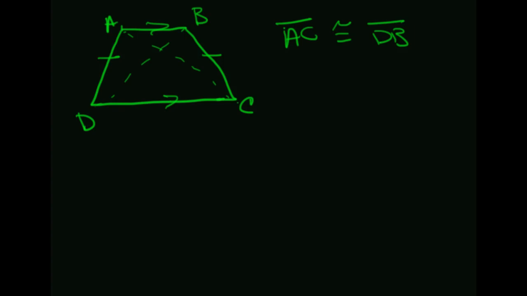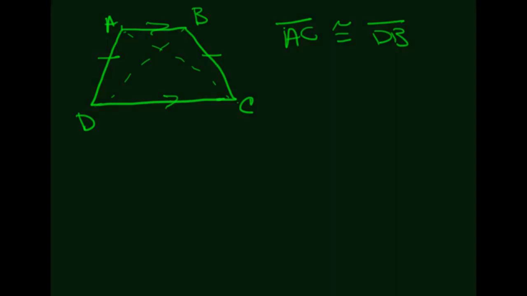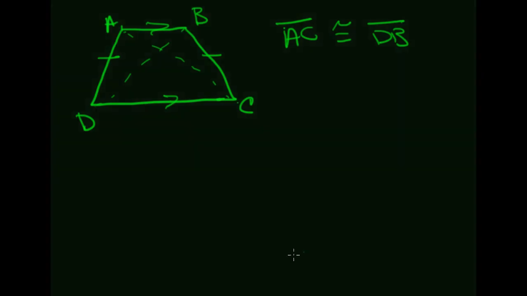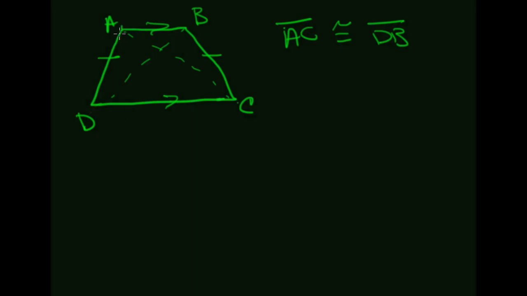So we can get a little clever here. We're going to focus in on these two triangles. We're going to focus in on this one, DAC, and we're going to focus in on this one, DCB. So if I look, I've gotten one side.